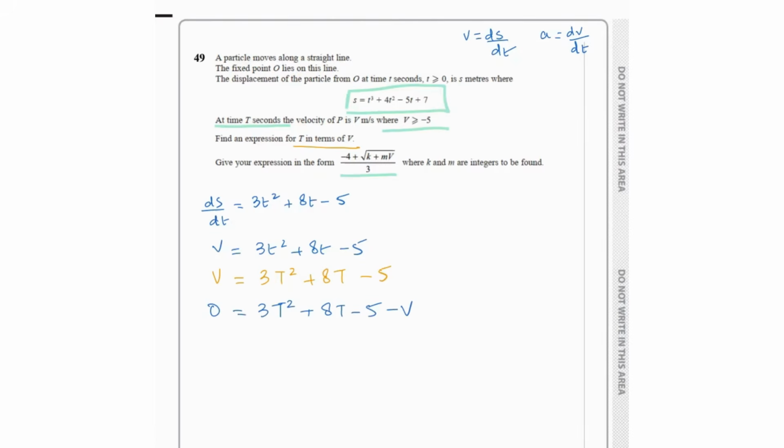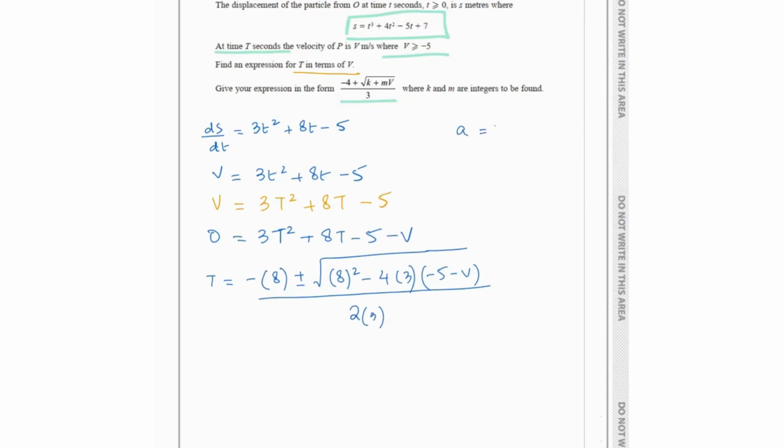Now let's solve this quadratic equation in terms of v. So t is going to be -8 plus or minus the root of 8 squared minus 4 times 3 times (-5 minus v), over 2 times 3. Our a value is 3, b is 8, and c is -5 minus v.